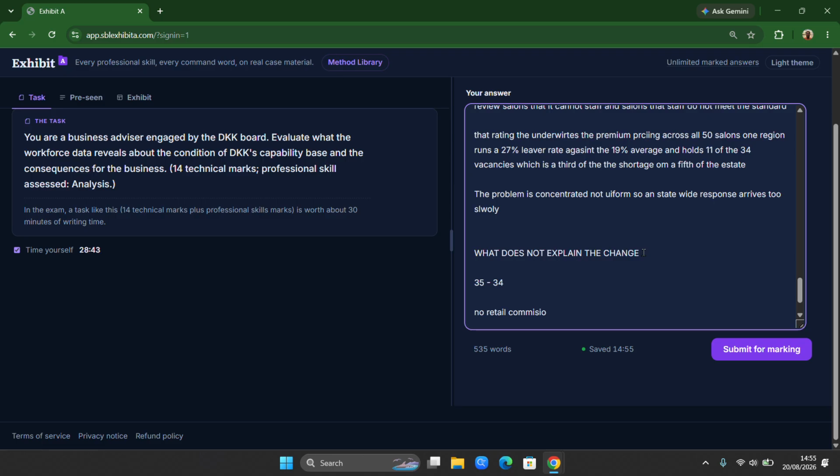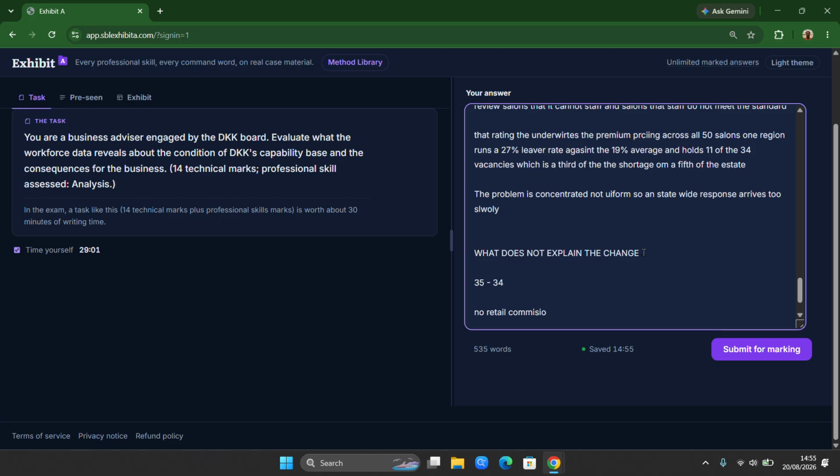So the fourth section is one that usually people get wrong. Hairdressers get no commission on retail. That's the most memorable fact, but as a cause it's not really going to earn much. A weakness that was there last year can't explain why this year is different.